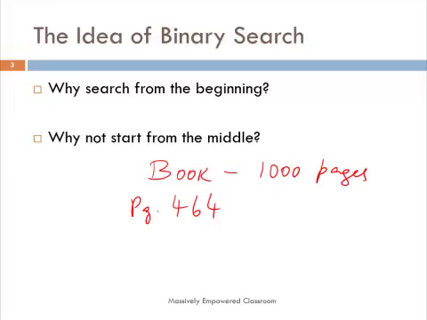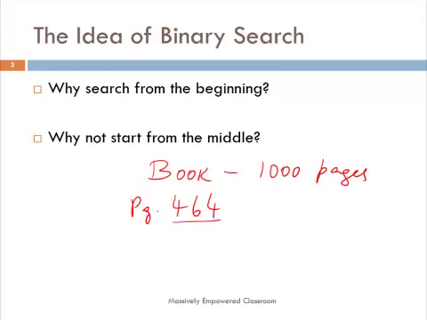How do you go to page 464? Do we go to page 1 and then start flipping each page one after the other? That would be extremely stupid, right? Who would want to go to page 1 and then flip pages one at a time to get to page 464?